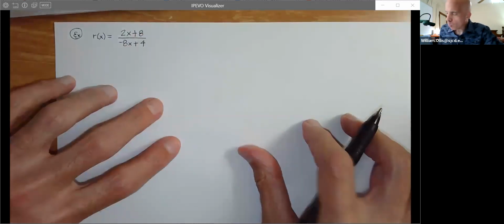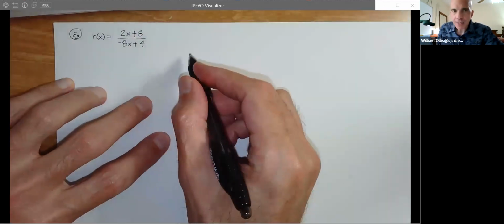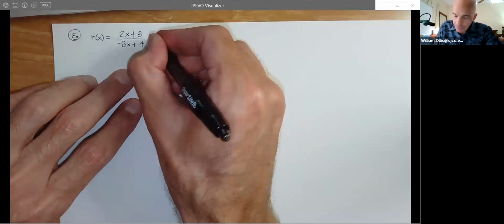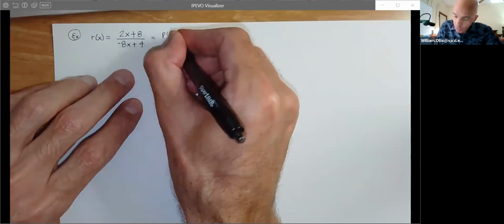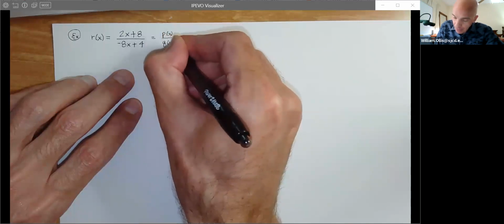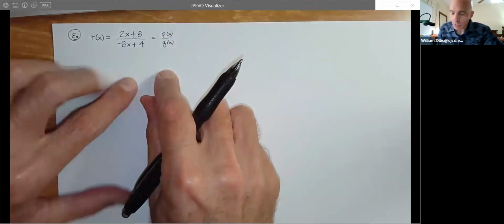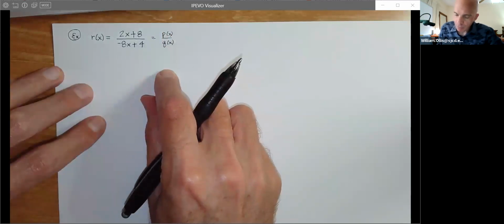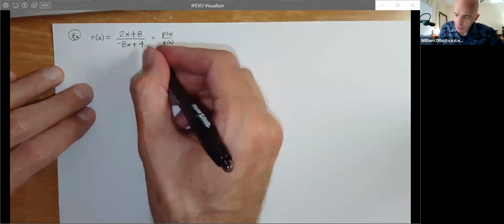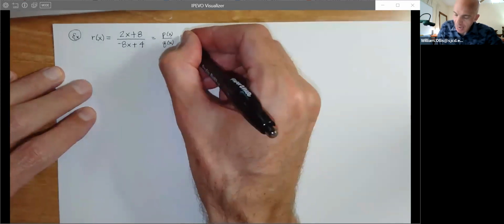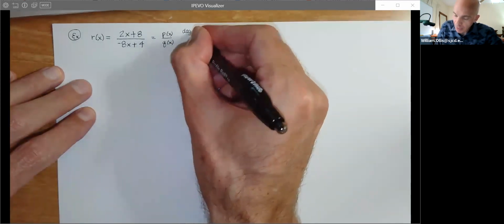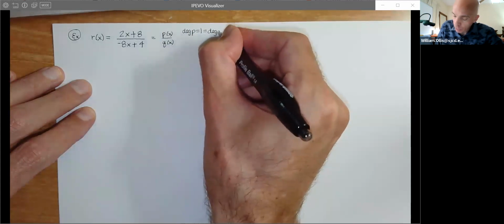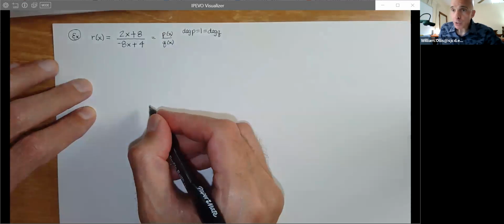Now, what's good about this is that we're comfortable with the fact that if we think of this as a p of x over a q of x, we have two polynomials of the same degree. That is, they both have degree 1. So before I do any analysis of this, I can just say degree of p equals 1 equals degree of q. These are all the same degree.